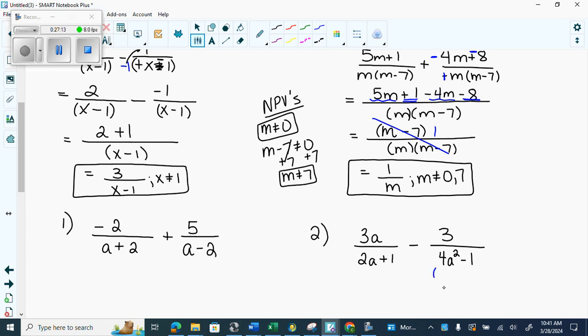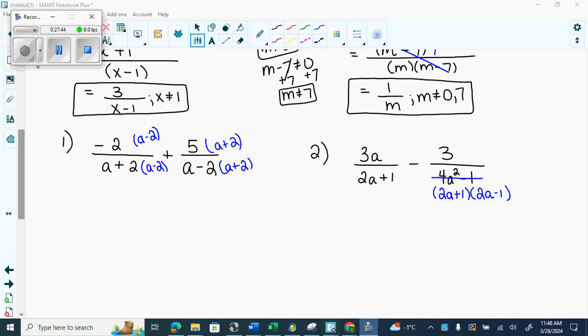Difference of squares, so I'm going to actually get 2a plus 1, 2a minus 1, right? So then I'll just have to multiply the left one by 2a minus 1, and they'll match. Okay? So try these 2 out. This one you're going to have to multiply by a minus 2. And this one by a plus 2.